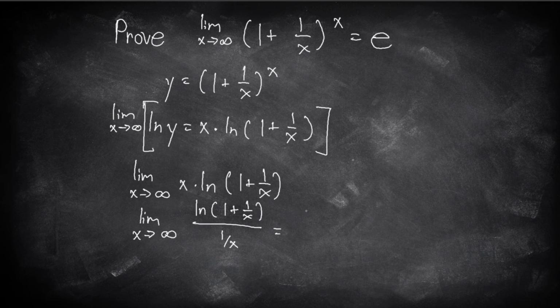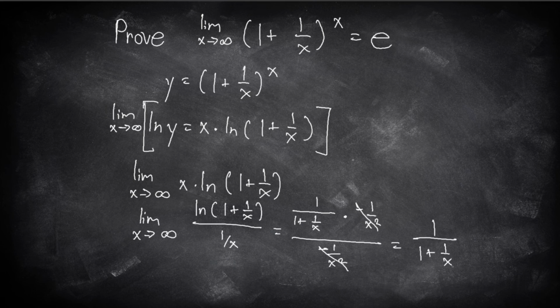The derivative of a natural log is 1 over whatever is inside, so 1 over 1 plus 1 over x. Since this is inside, we have to use the chain rule. The derivative of 1 plus 1 over x: the derivative of 1 is 0, and the derivative of 1 over x is negative 1 over x squared. The derivative on the bottom is also negative 1 over x squared, so we cancel that out, and that just leaves 1 over 1 plus 1 over x.